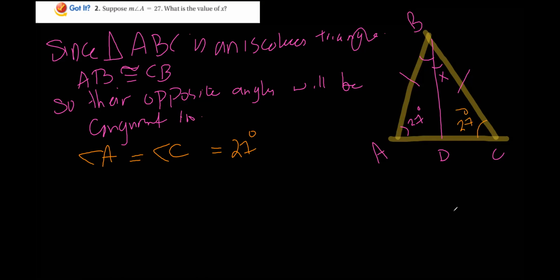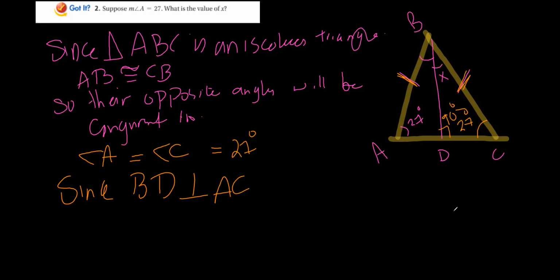Then after that, since BD is a bisector in an isosceles triangle and cuts the vertex angle, it is perpendicular on AC. So because of that, this angle is 90.